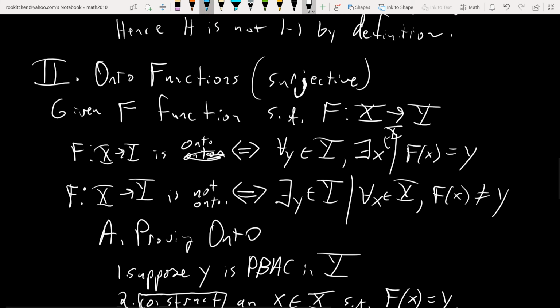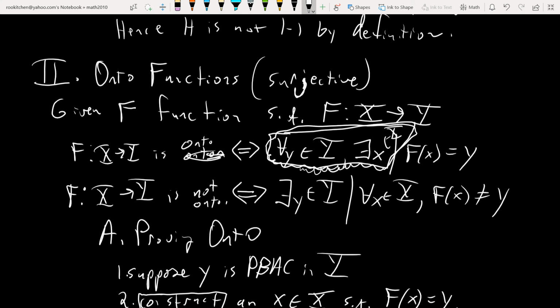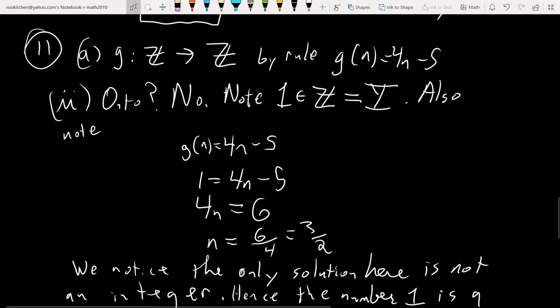We want to take an arbitrarily chosen y in Y, and then find this x in X such that f of x equals y. So we kind of start with this junk in the box here, and then we'll illustrate that this works, that f of x then is equal to y. Okay.